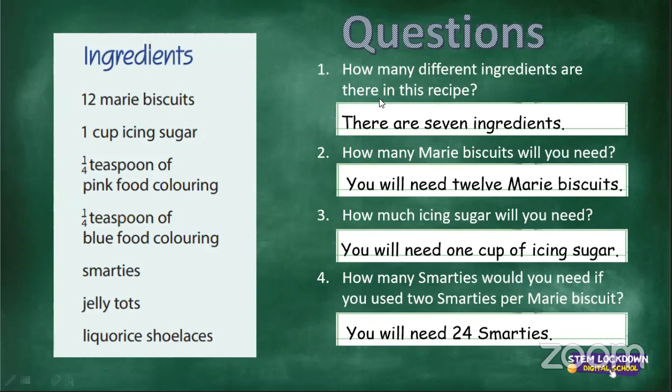So let's look at number one. There are 7 ingredients. Which word there is the verb? Sorry, guys. Which word is the verb? There are 7 ingredients. Does anyone know?